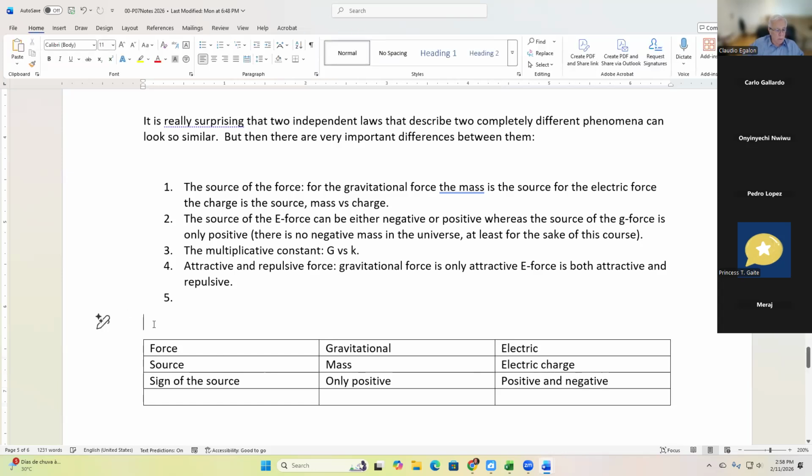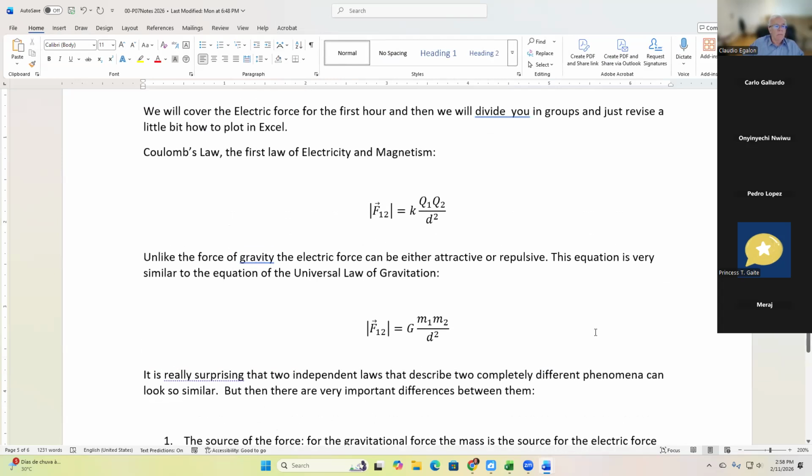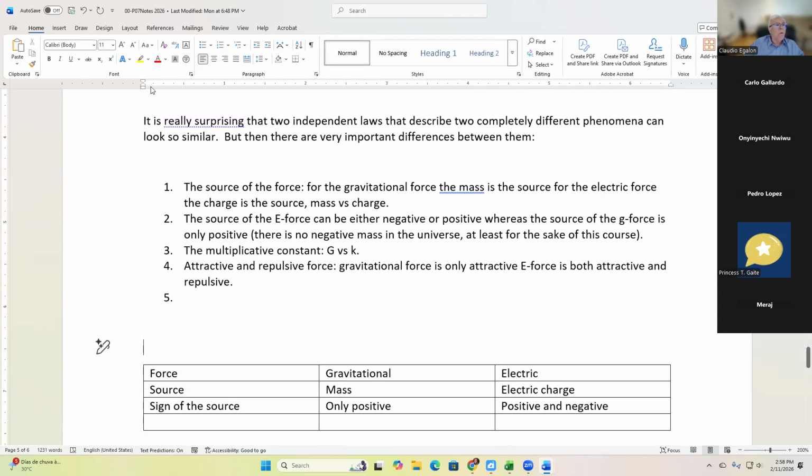Okay, here what are we doing here? We are comparing one type of phenomenon with the other, right? Comparison between gravitational and electric forces. Okay, differences. Let's put here differences between gravitational and electric forces.